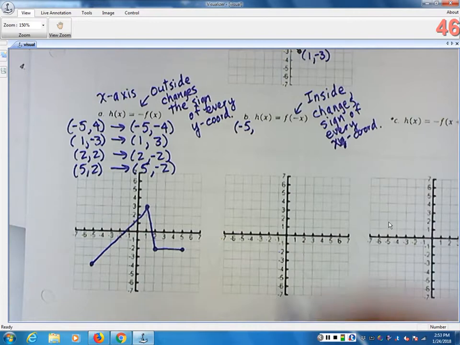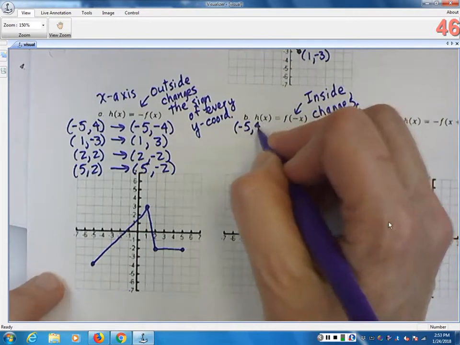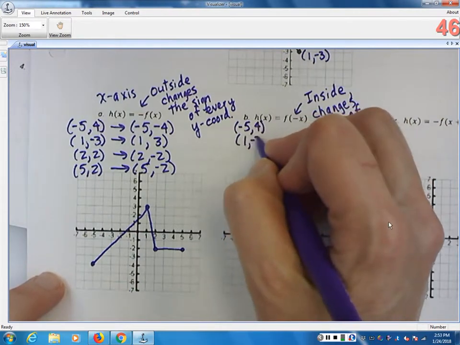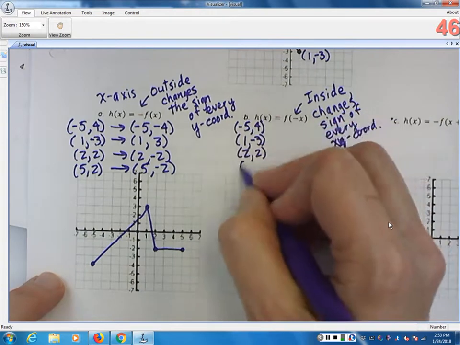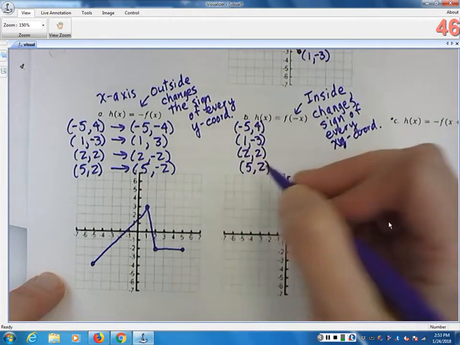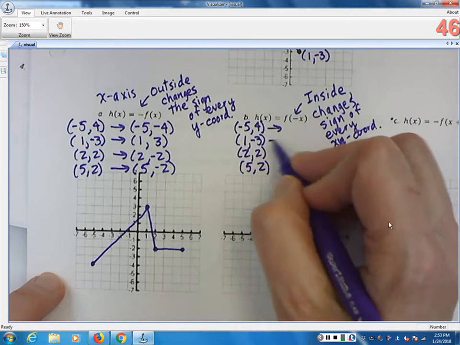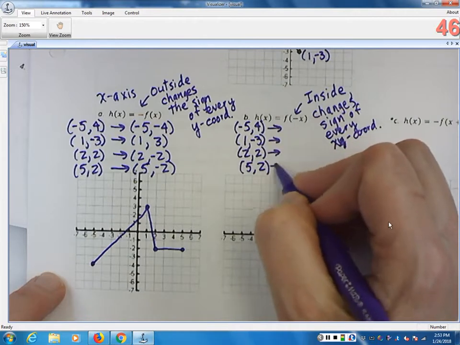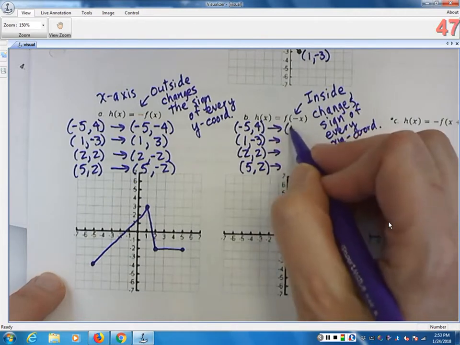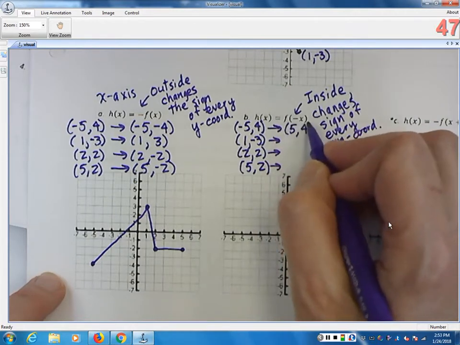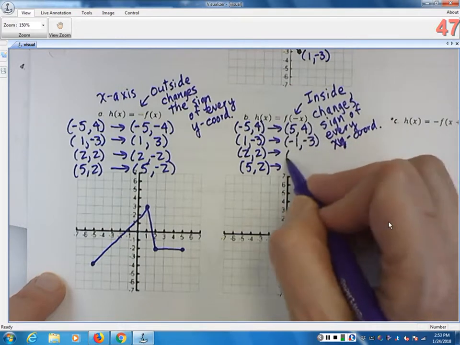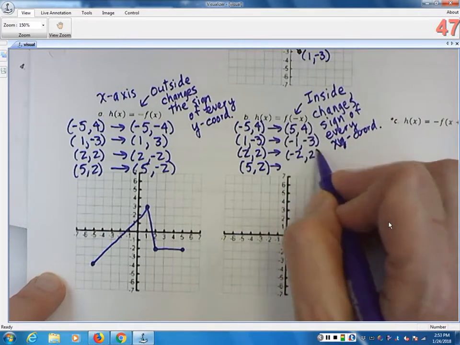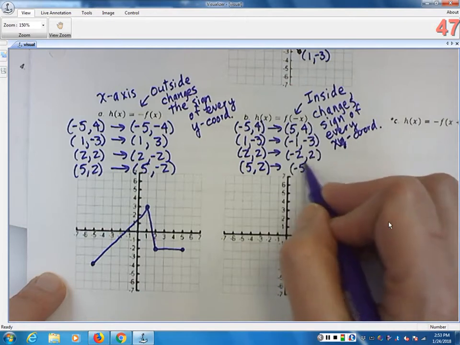So we're going to start with this same point, and we're only going to change the sign of x, so that's going to be positive 5, 4, negative 1, negative 3, negative 2, 2, and negative 5, 2.